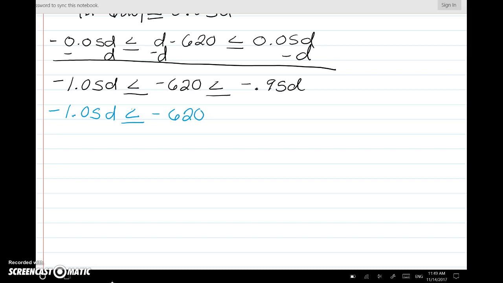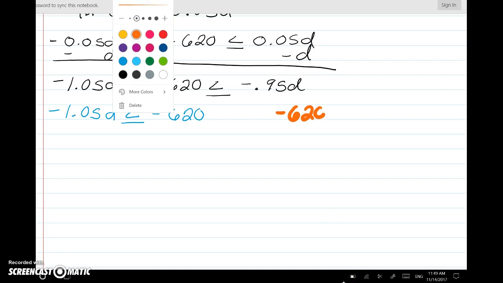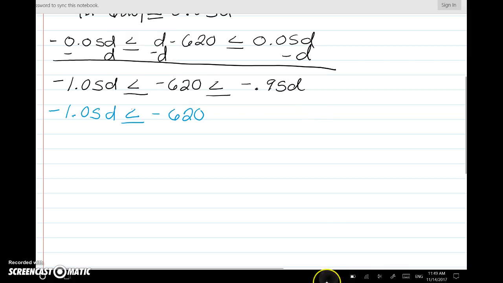And your second inequality is negative 620 is less than or equal to negative 0.95 D. Now you solve this like you normally would. Divide both sides here by negative 1.05. The numbers cross out.